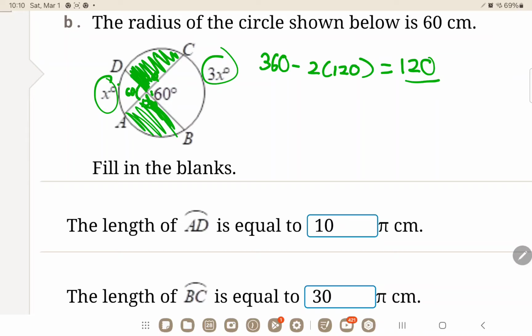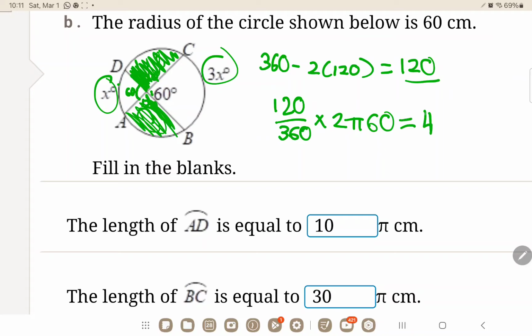So, what we're gonna do is, we have 120 over 360 of the whole arc, which is 2 pi 60, the circumference of the whole circle. Or well, the circumference of the whole circle without the two shaded parts is 120 over 30.